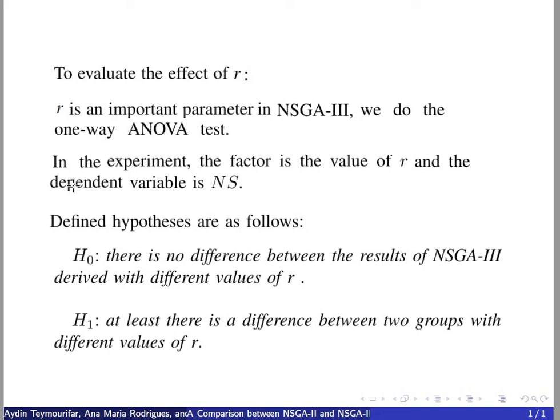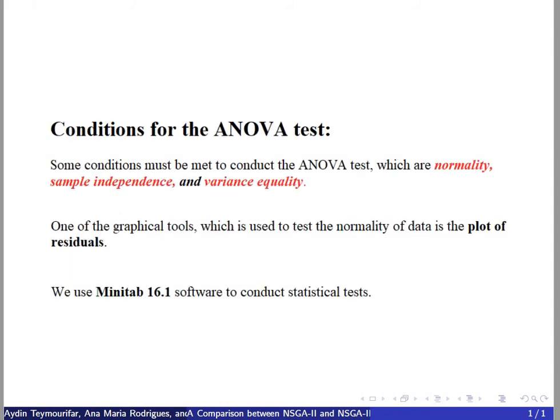The defined hypotheses are as follows. H0: There is no difference between the results of NSGA-III derived with different values of R. And H1: At least there is a difference between two groups with different values of R. Some conditions must be met to conduct the ANOVA test.